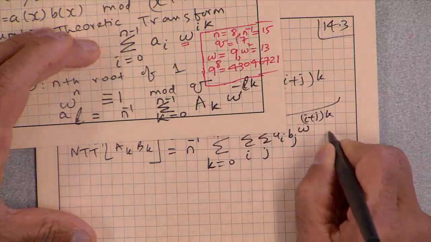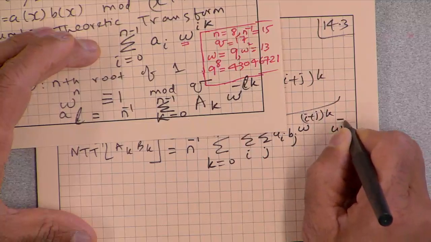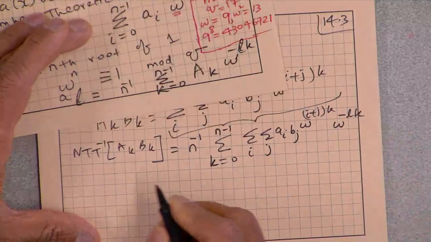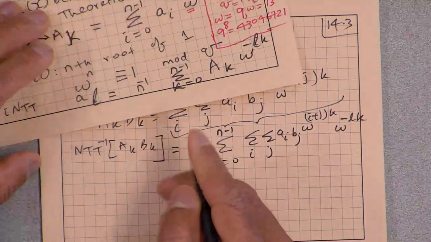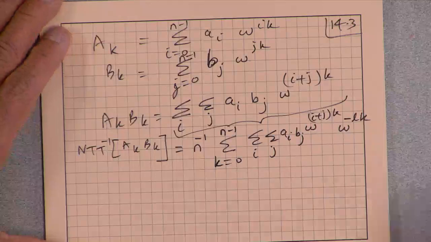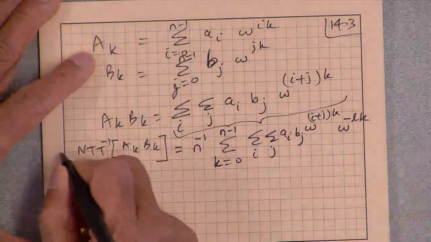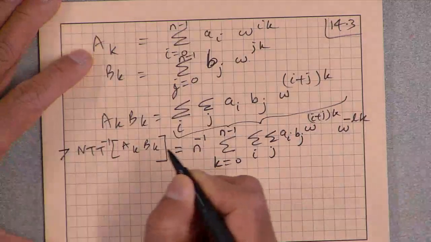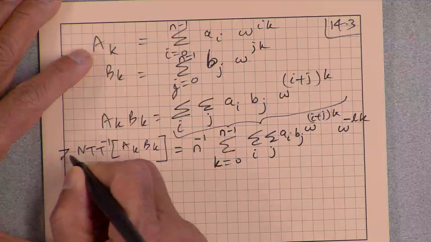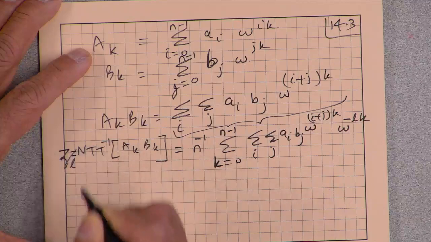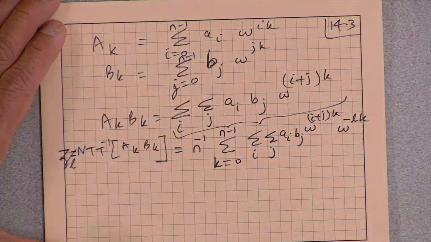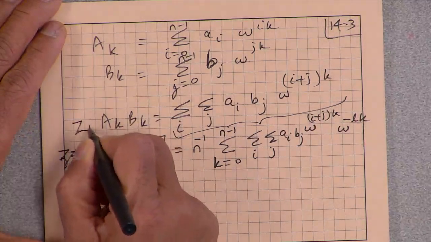So this is going to be the l-th coefficient. I guess I could really call this Z_l, so let's call this one Z_l.